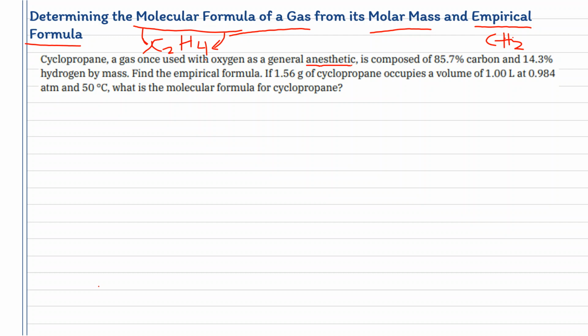Okay. Now we're saying that this anesthetic, you know what, let me help everybody. What is an anesthetic? Who can help us? Who knows what an anesthetic is? What is an anesthetic?